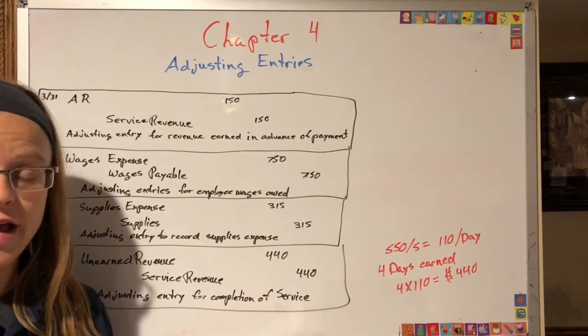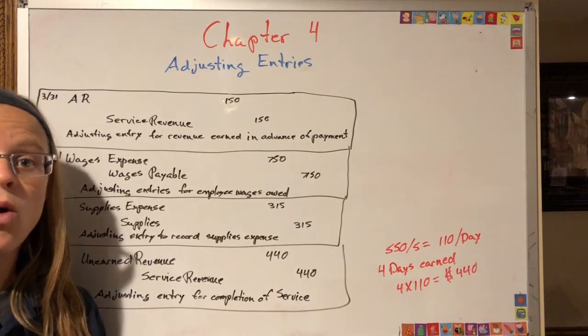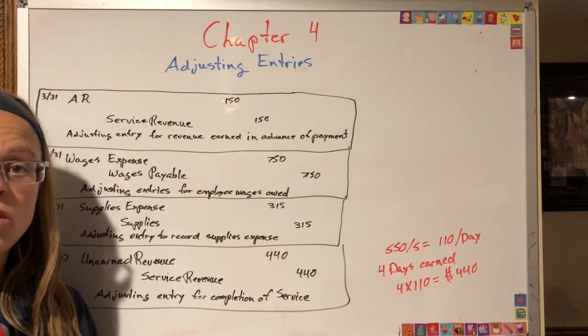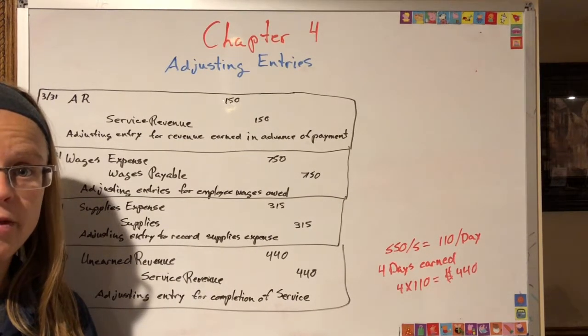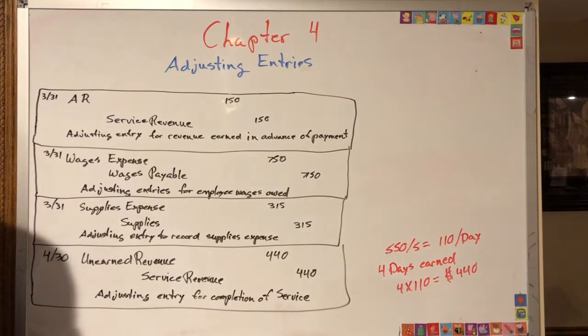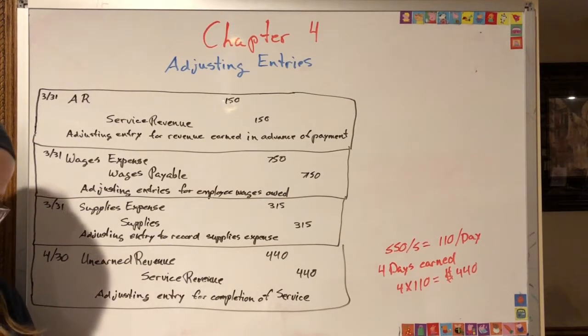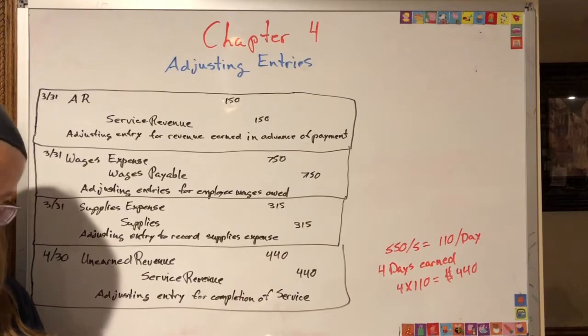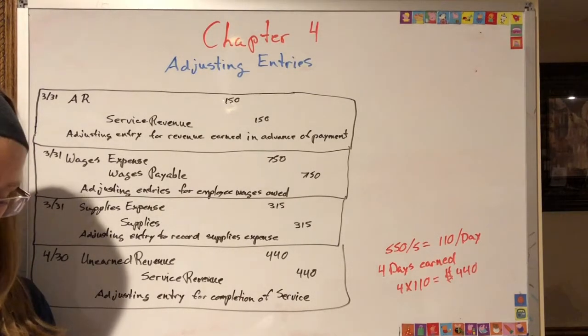So they pay in advance, so Ann owes that person her service, right? So she owes the lesson. So we see in this entry, our accounting period ends on April 30th, and the lesson ends on Saturday, May 1st.